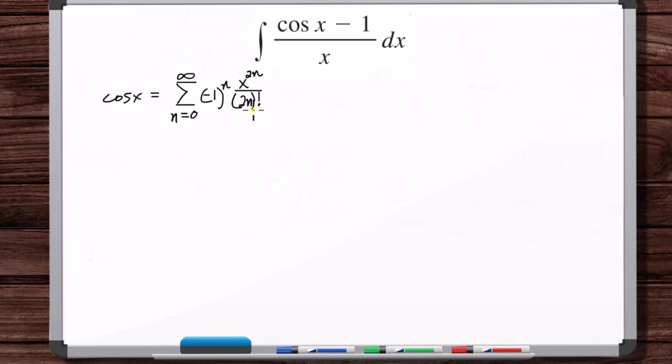Now let's subtract 1 from this. The idea is we subtract 1 from both sides. So cosine x minus 1 is equal to this whole series minus 1.